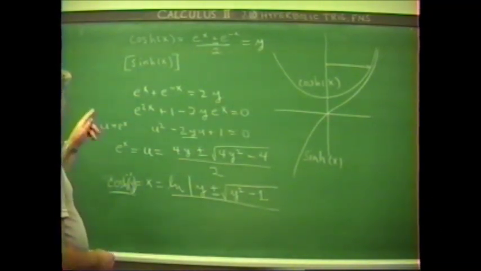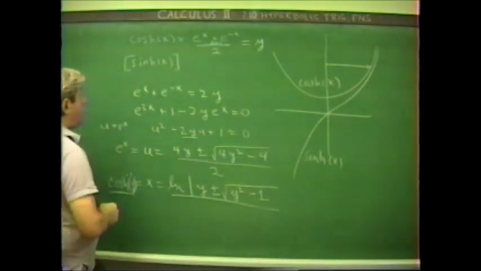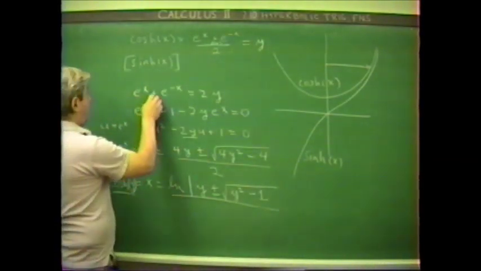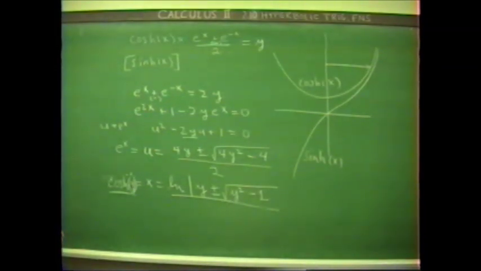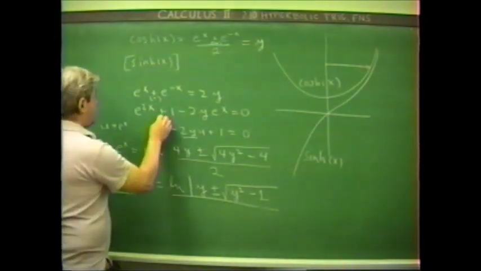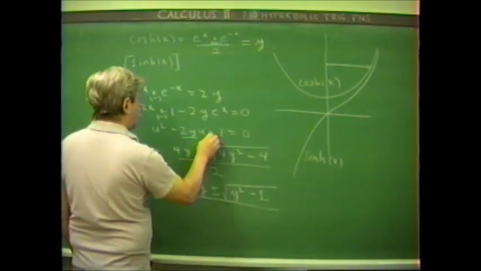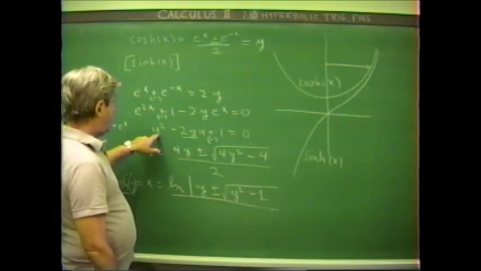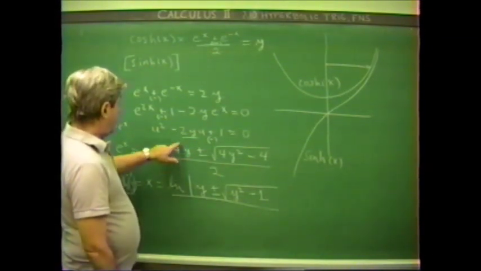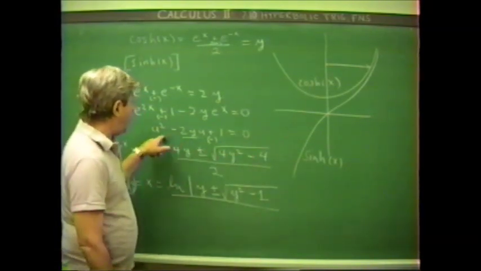Now, if we were dealing with the hyperbolic sine, then we would have a minus sign here. And that would produce a minus sign here, which would produce a minus sign here, and consequently a minus sign here. And so the only difference that we would get would be when we took b squared minus 4ac, we would have a plus 4 instead of a minus 4 here.